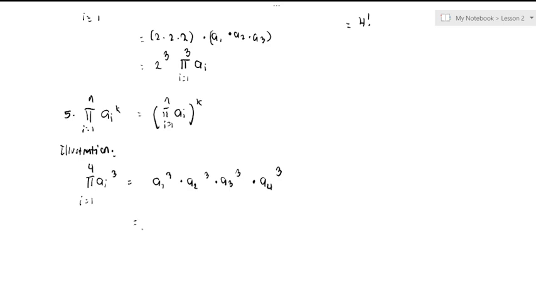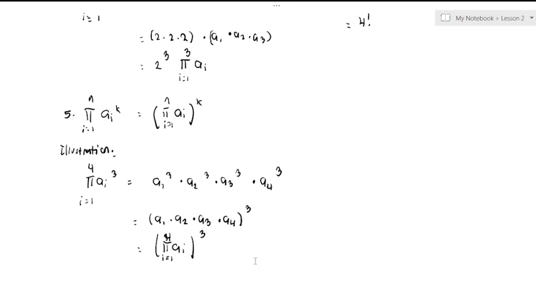And then by law of exponents, so this is a sub 1 times a sub 2 times a sub 3 times a sub 4 quantity raised to 3. And this is product of a sub I equals 1 to 4 quantity raised to 3. Okay?